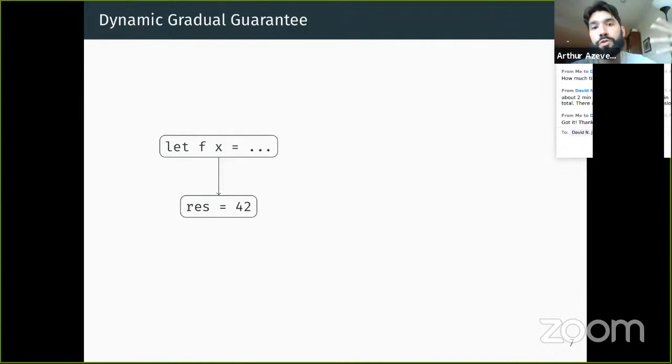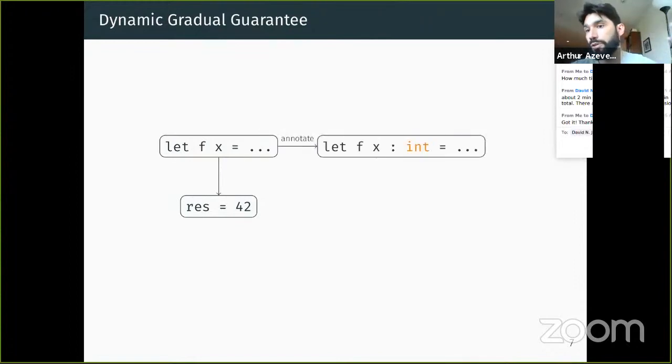What is the idea? Well, you have some program that is perhaps dynamically typed, has no typing annotations. It gives you some results. Now, what happens if you add some typing annotations to this program to try to make its behavior more robust? Well, the dynamic gradual guarantee says that this annotation cannot interact with program behavior in arbitrary ways. There are two things that can happen. Thing number one, the program returns the same result.